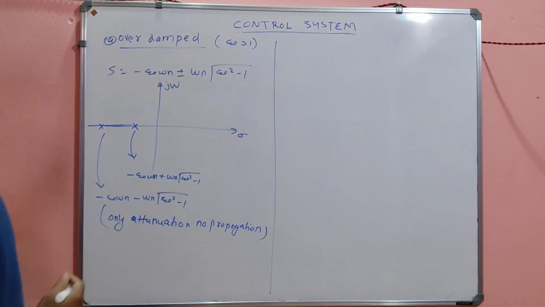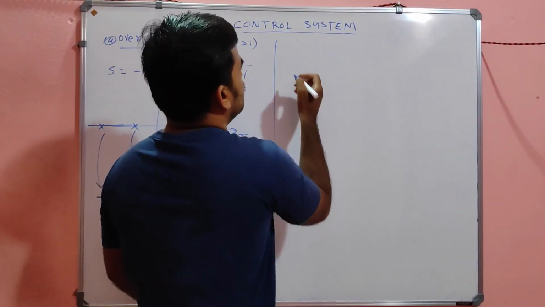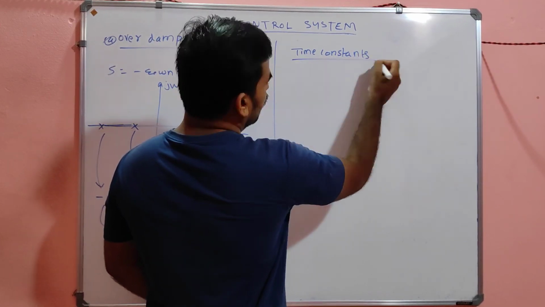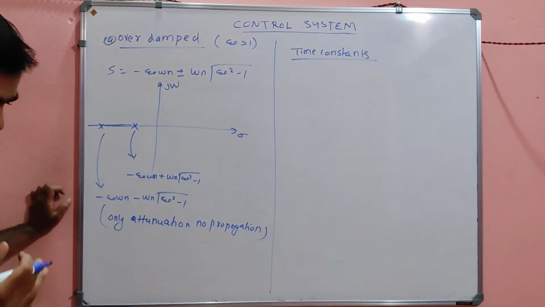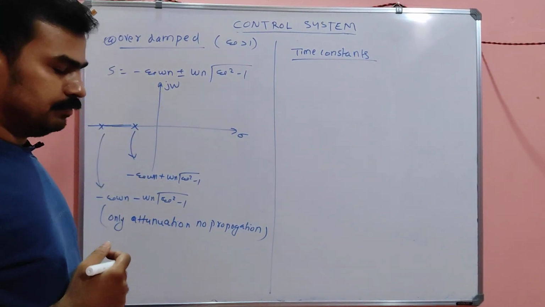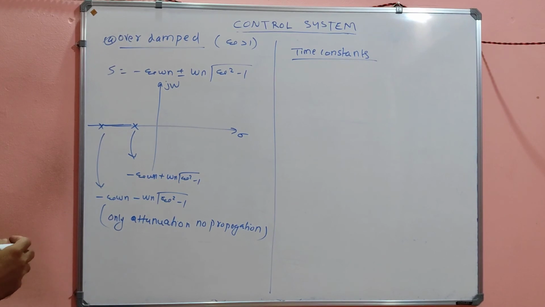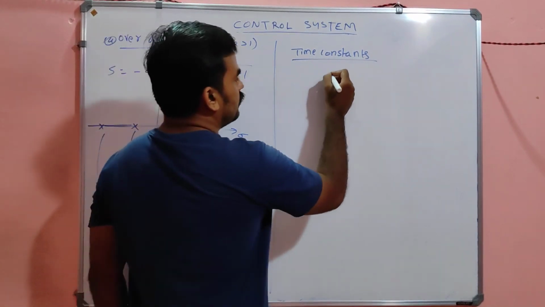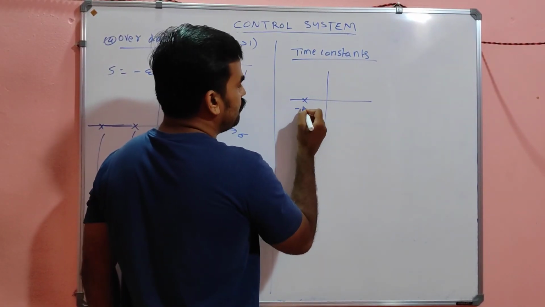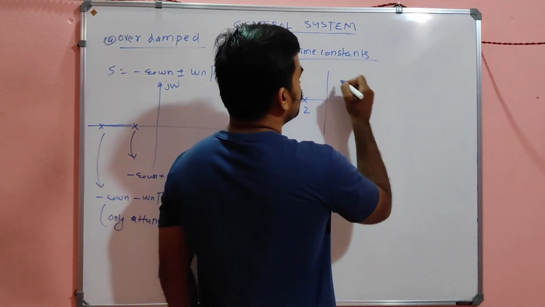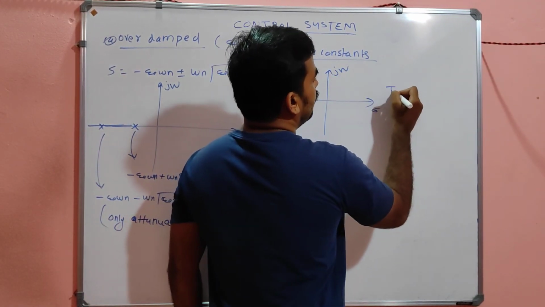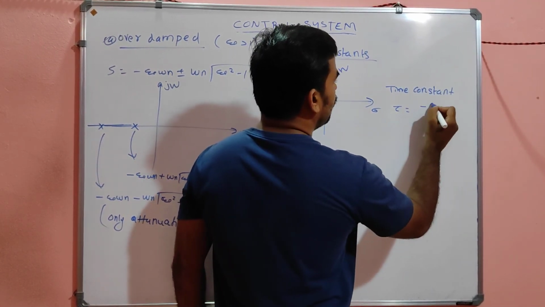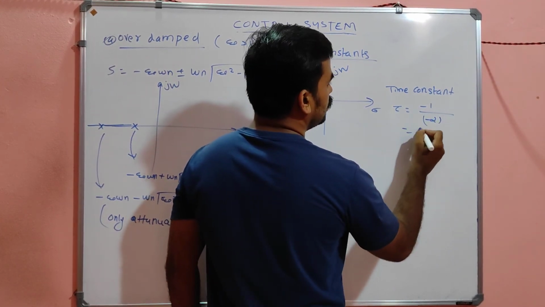Is it clear? And what will be the time constant for each of the systems? Time constant is nothing but, suppose this is the pole having minus 2 as the value, then its time constant tau will be equal to minus 1 by this minus 2 value.